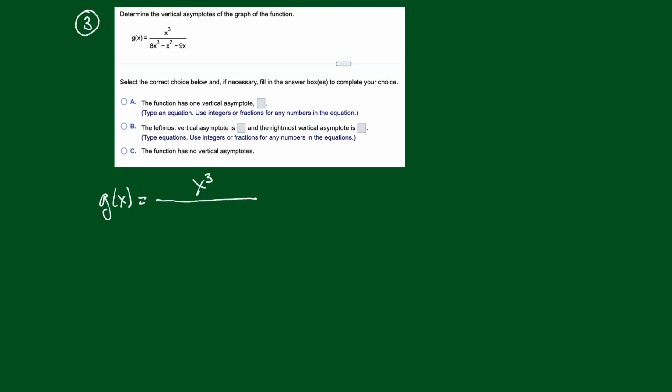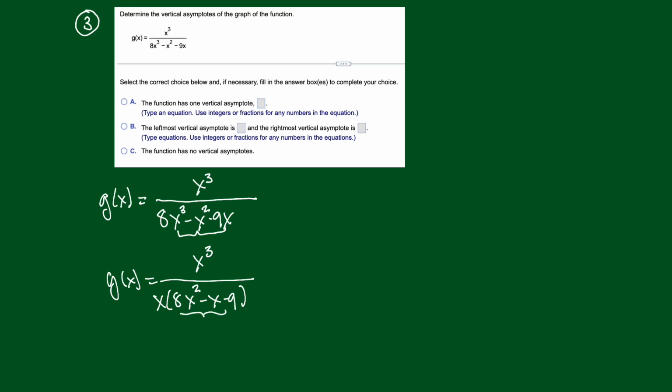So I'll have x cubed over 8x cubed minus x squared minus 9x. Now let's see, there's an x common, so we can take that x out. So we will get x cubed over, now take that x out. In doing so, we're left with 8x squared minus x minus 9.